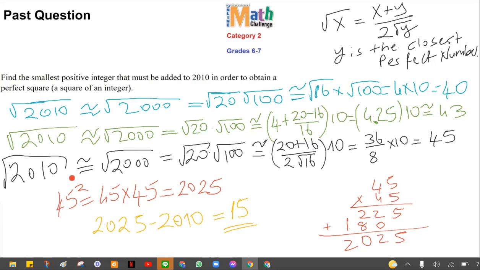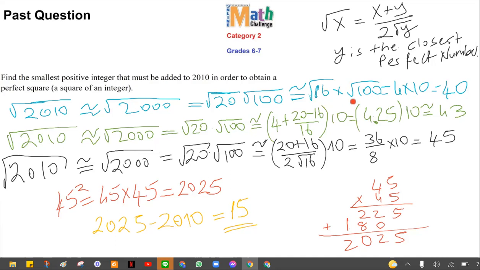Here I used 3 different approximations, and the final one is much better than the previous 2. In the first one, instead of 2010, I used 2000, because 2000 we can separate into 2 parts, one is a perfect square, another is not. And we can approximate 20. 20 is closer to the perfect square 16.